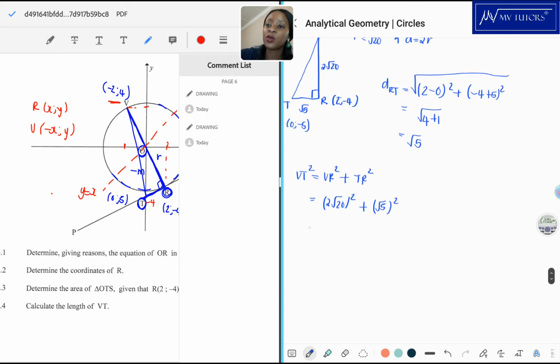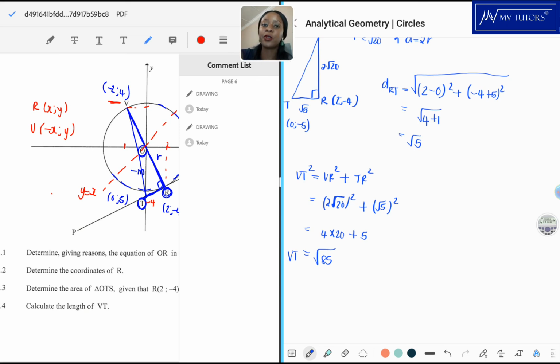So if we square that, we're going to get 4, and then this square root to the power 2, that's going to cancel out, so we're going to be left with 20. And here we're going to have the square root and the power 2 canceling each other out, so we're going to have 5. So actually we're going to have 85 over there, and VT will actually be root 85.